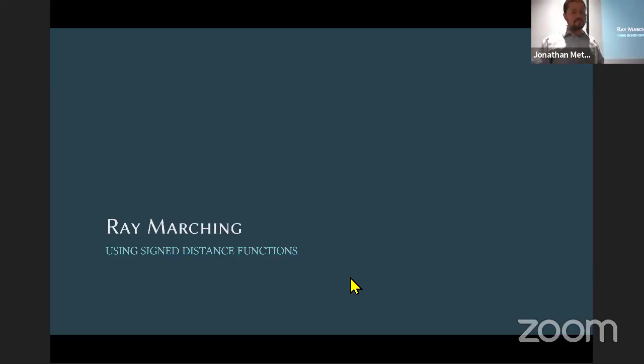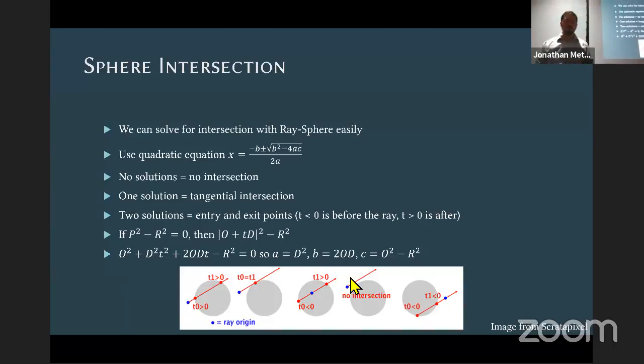There are two approaches. One is you either have an analytic function that you can solve for, or you can use a numerical approximation. The first one is, if we wanted to ray trace just one sphere in the scene, we have to figure out how a ray intersects with a sphere.